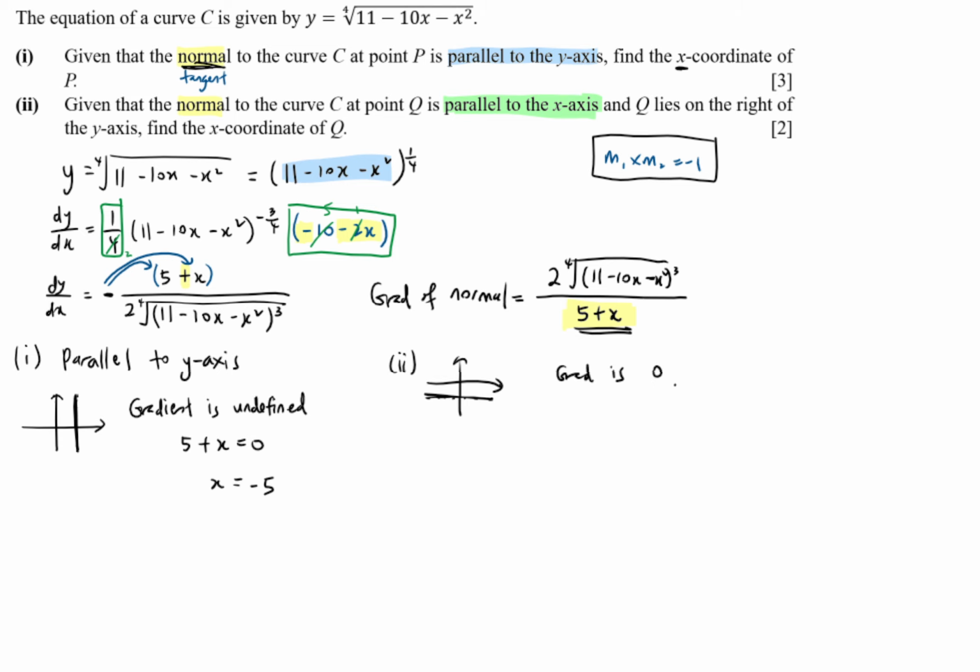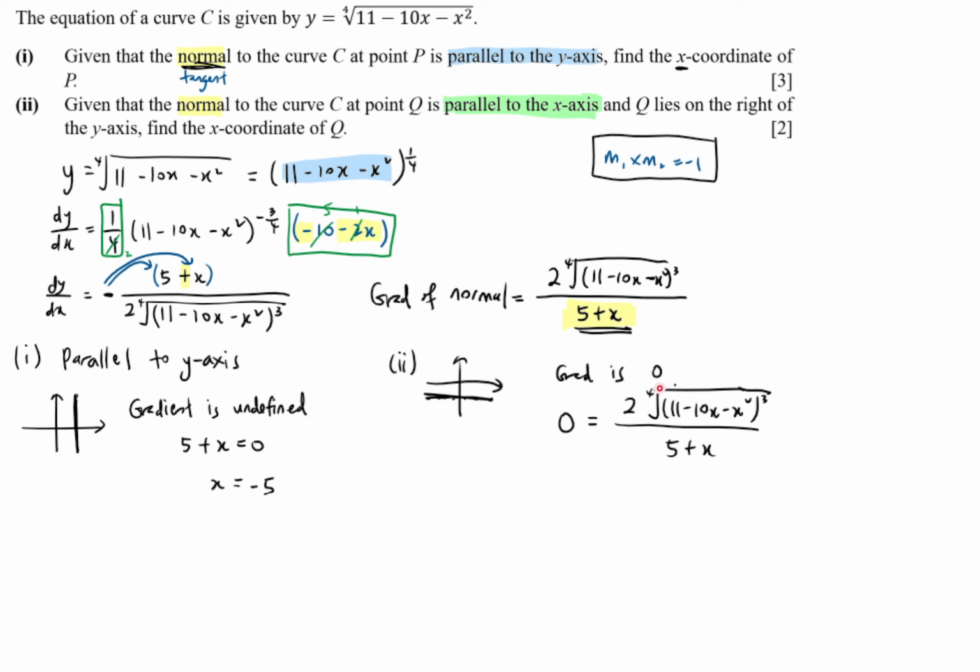So 0 equals 2 times the fourth root of (11 minus 10x minus x squared) to the power of 3, over 5 plus x. You can multiply both sides by 5 plus x, which means the 5 plus x will disappear. Similarly, you can divide by 2 on both sides, which means the 2 will disappear.